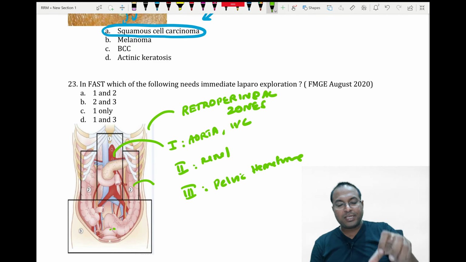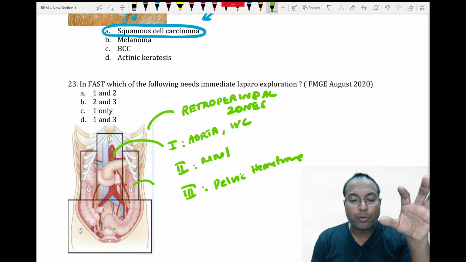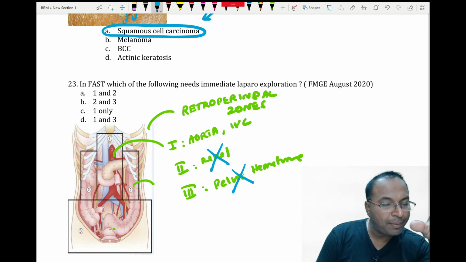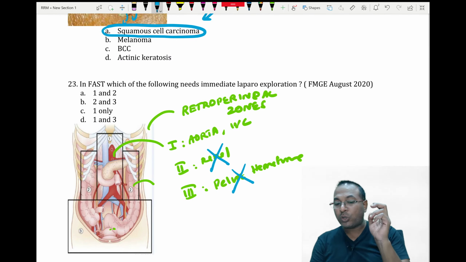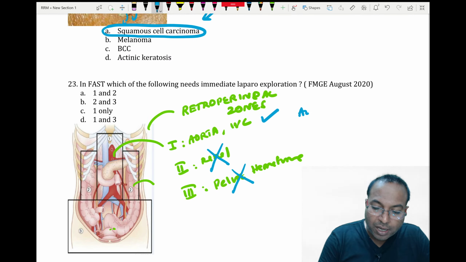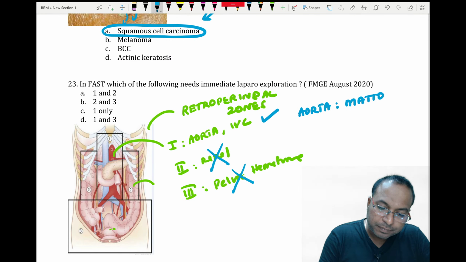So in which of these zones do we need to immediately shift the patient for surgery? Not needed for renal or pelvic hematoma. No need of emergency surgery for 2 and 3. But for injury of aorta and IVC, immediate laparotomy should be done. To expose the aorta, we do a maneuver known as Mattox maneuver.